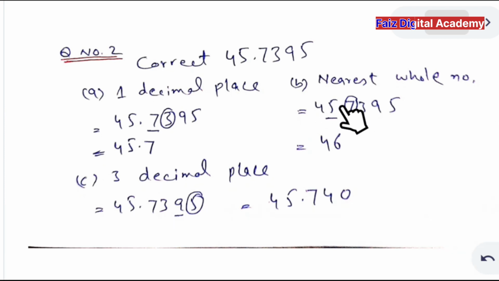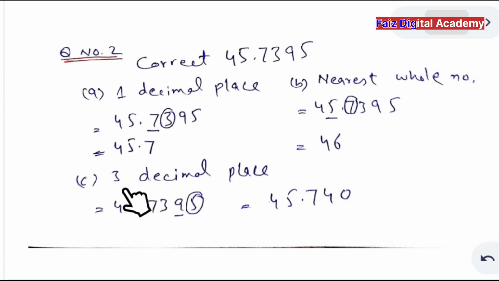In the B part we have to solve it to the nearest whole number. So we have to decide whether it is 45 or 46, and this 5 is decided on the basis of the next number. The next number is greater than 5, so it will become 46.